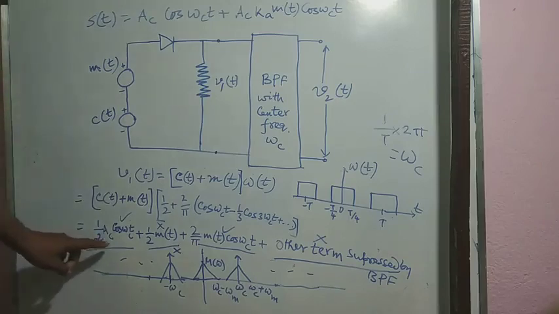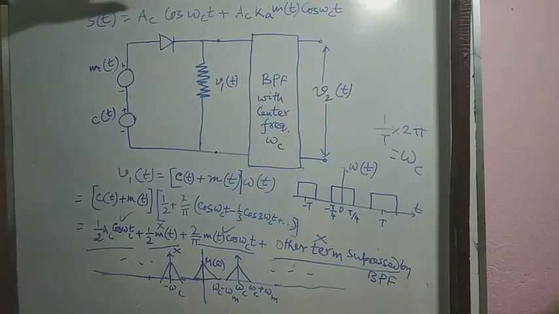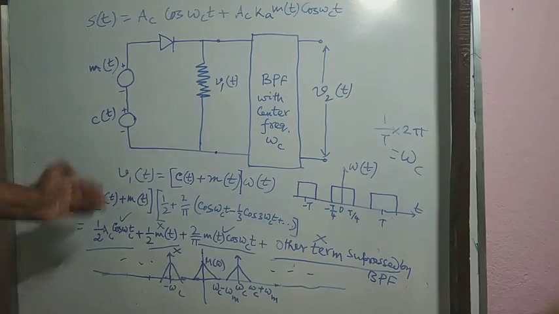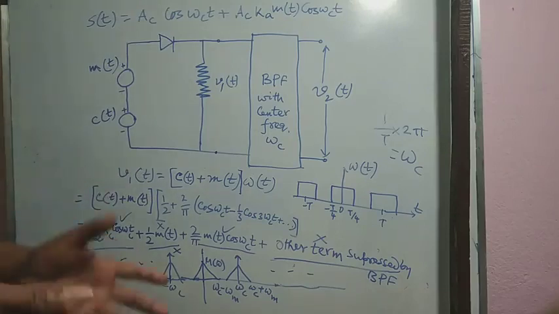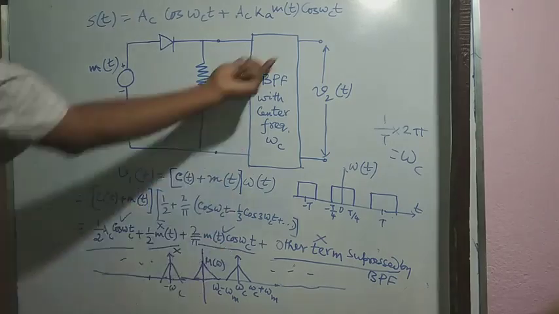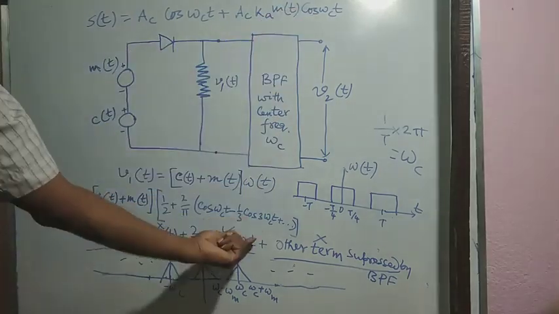Now, if we see the expression, what we need is A_c cos omega c t. There may be some scalar multiple, it doesn't matter much, we can adjust it. And another is M(t) cos omega c t.